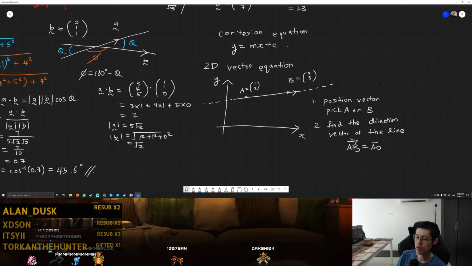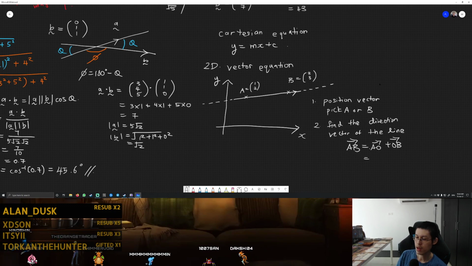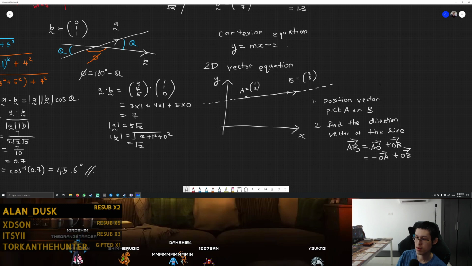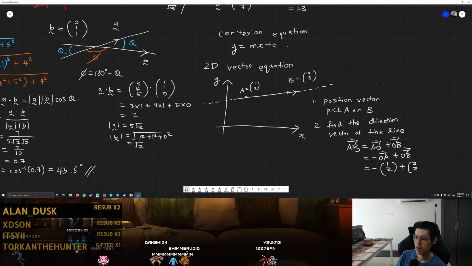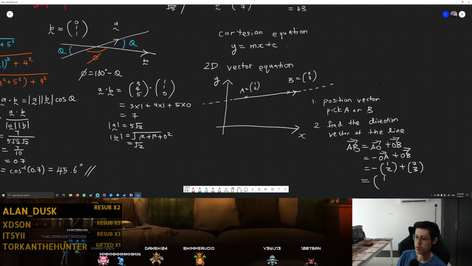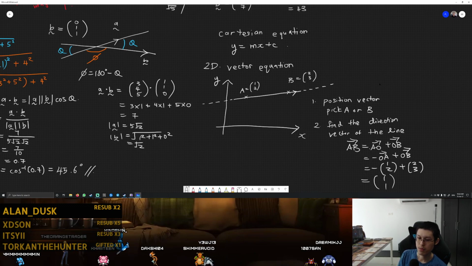AB is AO plus OB, and AO is negative OA. OA is (1, 2) and OB is (2, 3). Negative 1 plus 2 is 1, negative 2 plus 3 is 1. So the direction vector is (1, 1). Now we're done.